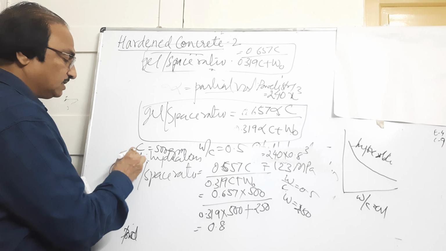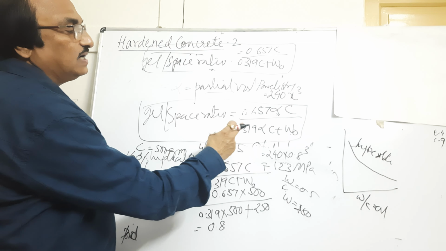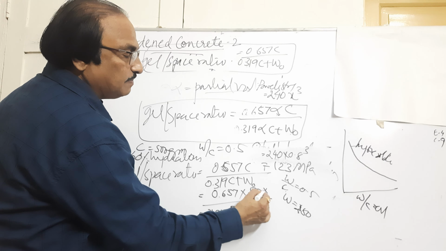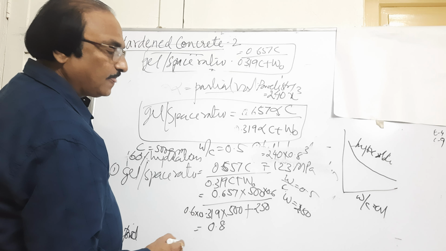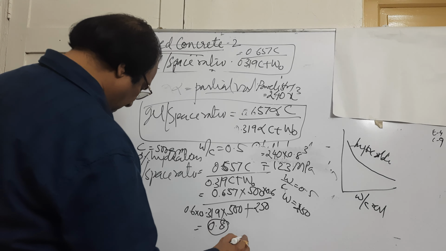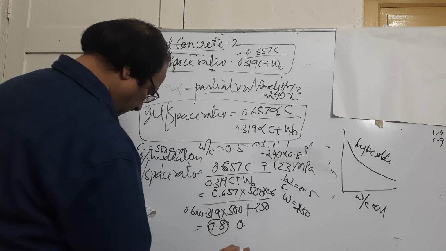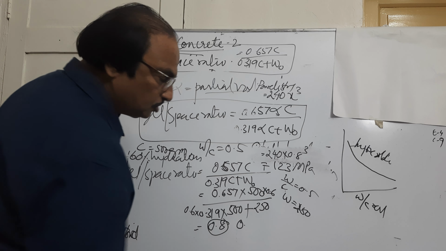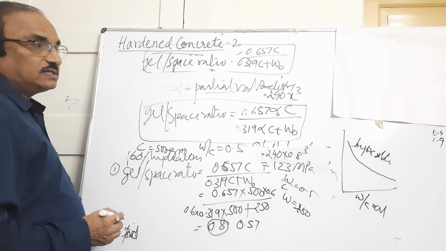The second part is 60% hydration. So alpha will be 0.6. That's the only difference. This is to be multiplied by 0.6, and the rest of the things remain the same. And this value we get as 0.57.